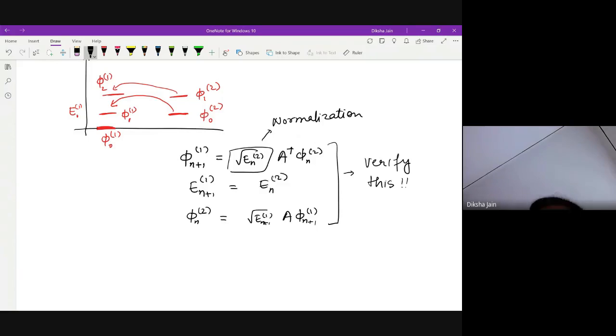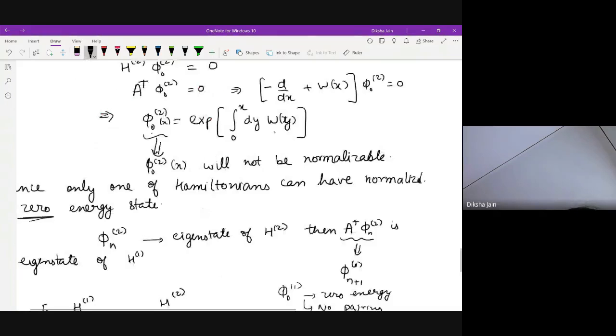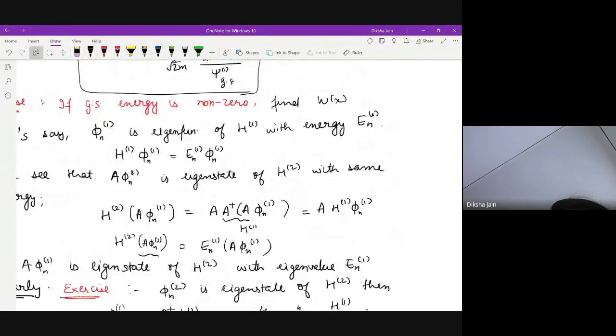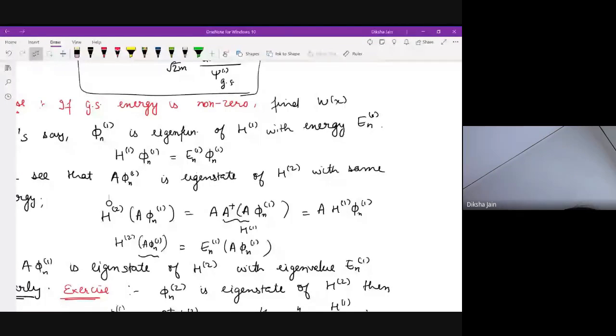Basically, what I'm trying to say, given the eigenstate of Hamiltonian H1, you can apply A on that to get an eigenstate of Hamiltonian H2. This is what I showed also here. This is the last line which I have written.